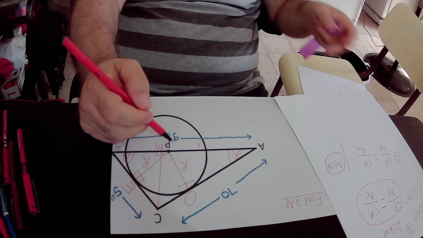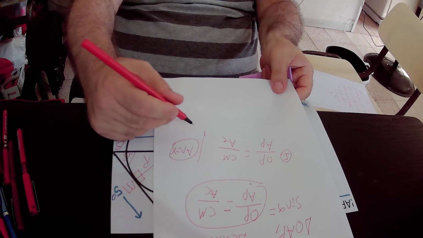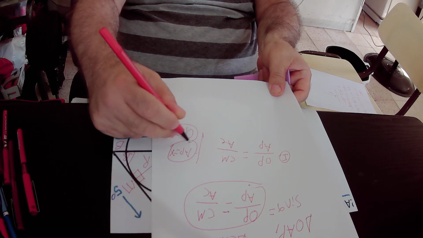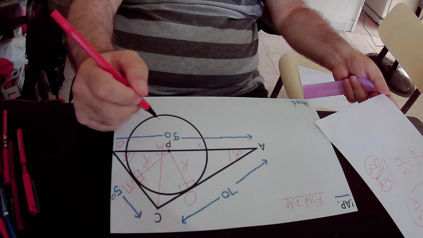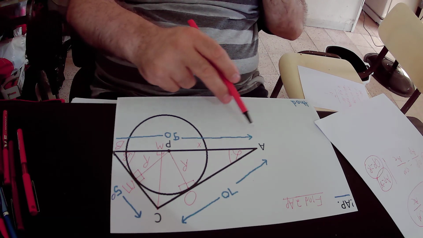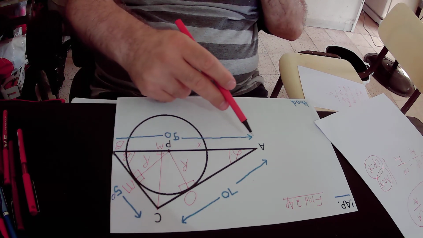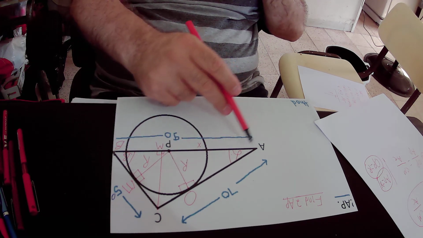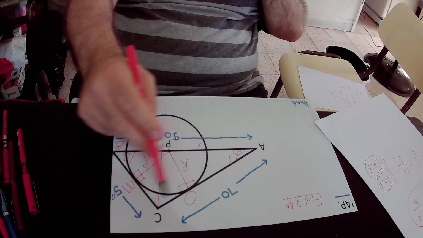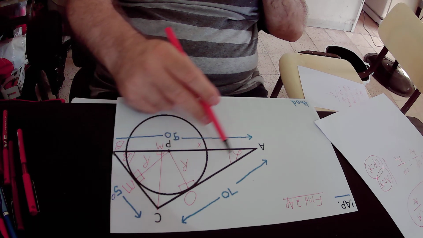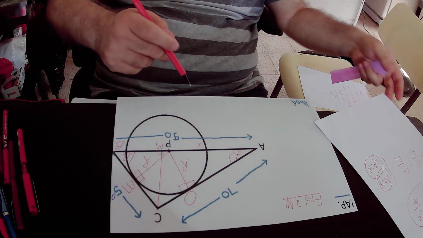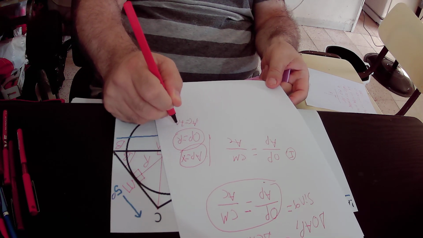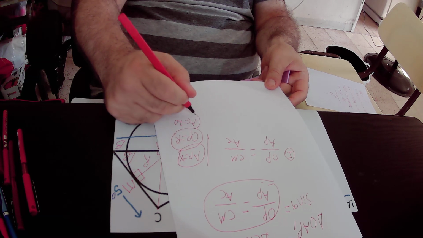So OP equals R. And also we know that AC, according to the data in the question, is given to us. AC equals 70 units. Okay?